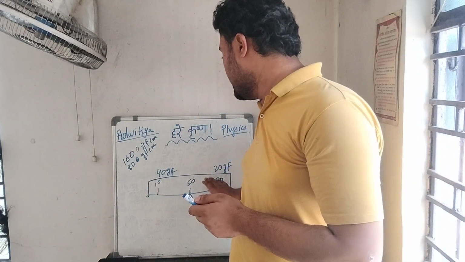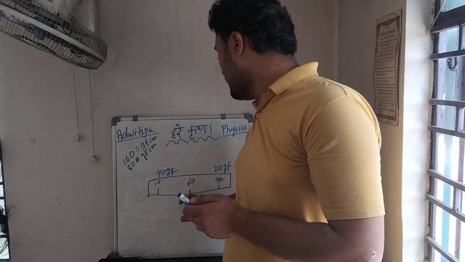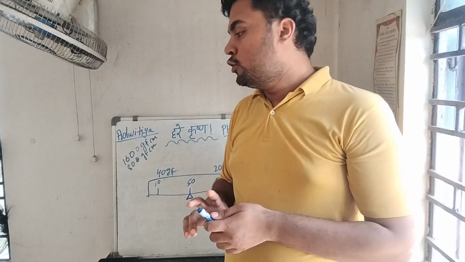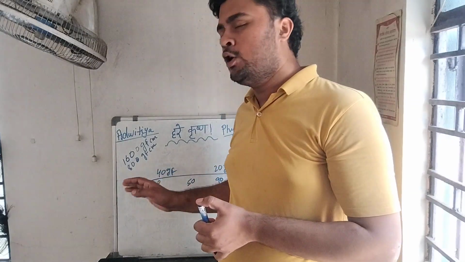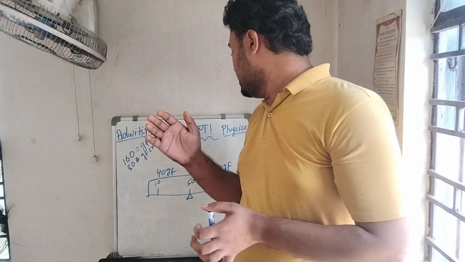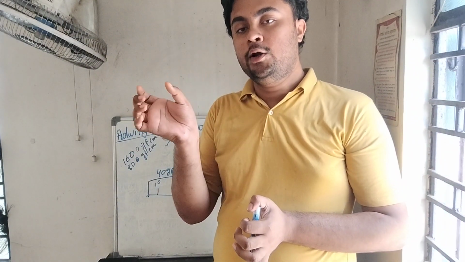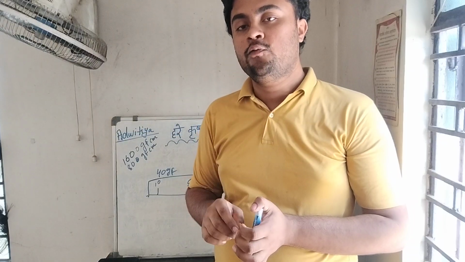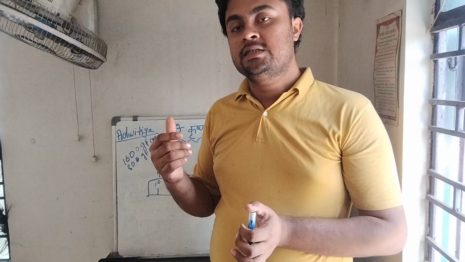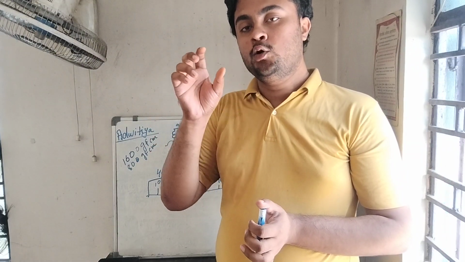Let's take a look again at what happened in this case. There is a uniform meter rule with a fulcrum at the center. At one point it is suspended with a 40 gf load, at the other point with a 20 gf load. The distance is 40 centimeter from the center, so the moment of force will be 40 into 40, and for the other end also the distance is 40 centimeter, so there the moment of force will be 40 into 20.